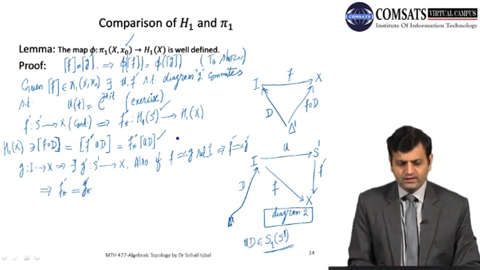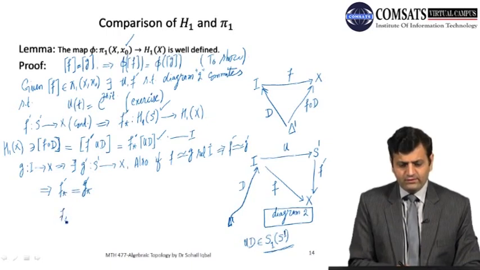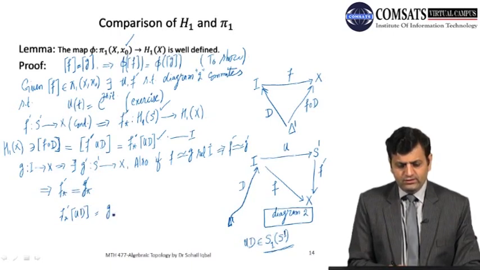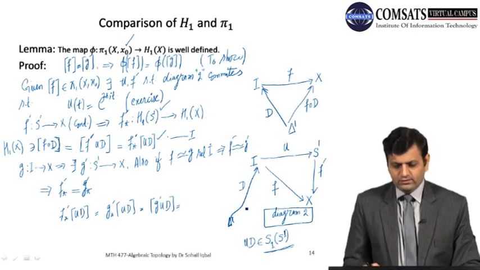Using this property, starting from equation number 1 again, we can write f prime lower star of ud is equal to g prime lower star of ud, and this is equal to g prime ud, which is equal to, first applying d and then applying u and then applying g prime is the same as first applying d and then applying g.